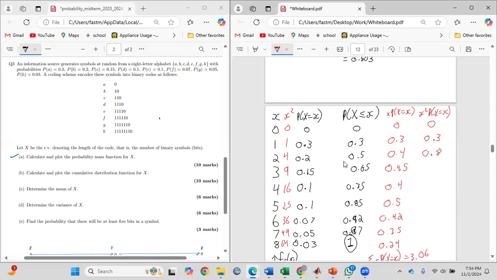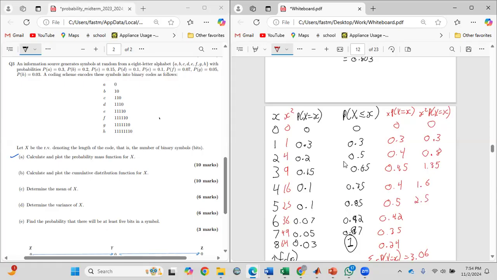9 by 0.15, that'll be 1.35. Then 16 by 0.1, that'll be 1.6. Then 25 by 0.1, 2.5.